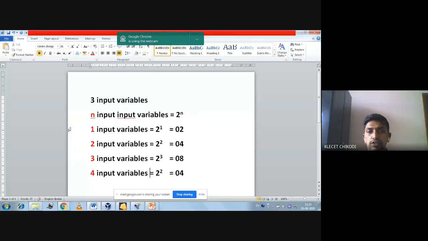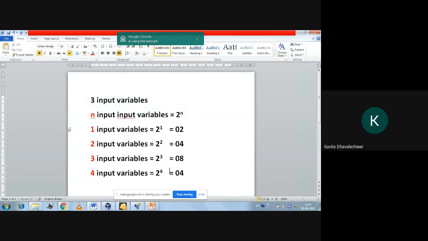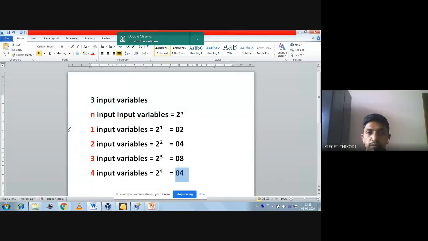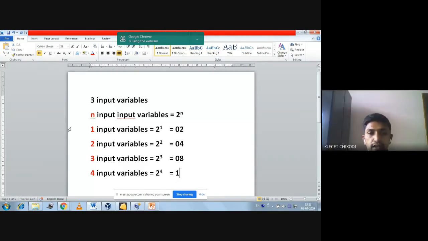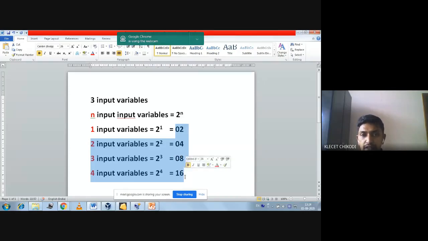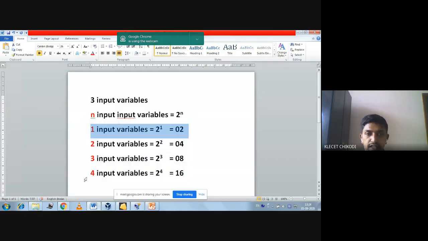So it will be 2 to the power 4. What will be the input combinations here? 16. So whatever you are seeing on the right side, that is 2, 4, 8, and 16. All those are the input combinations for the respective input variables. Is that clear, all of you?